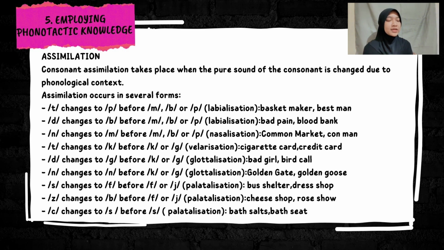For example, common market and convent becomes co[m]on market and co[m]ent. And there are still several forms of assimilation.